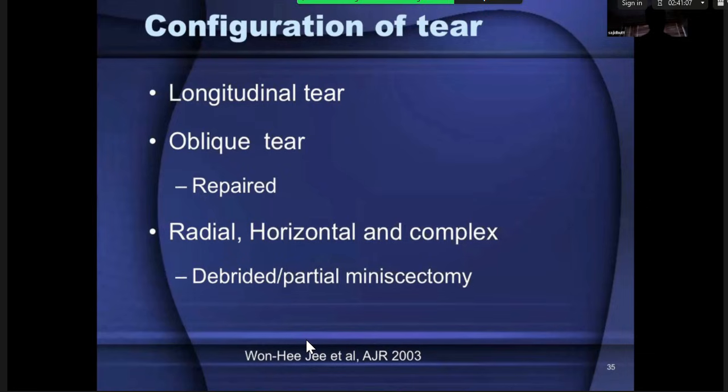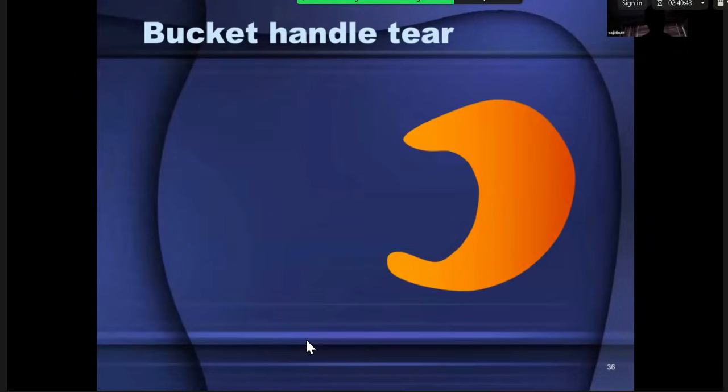So we've talked about the various configurations of tears: longitudinal tears, which are common in young patients, oblique tears, which are a combination of longitudinal and horizontal, and then horizontal and radial tears. These are treated by performing either a partial meniscectomy, in which the meniscal tears are debrided, or if the patient is a high-performance athlete, in young subjects, they can also try to repair them.